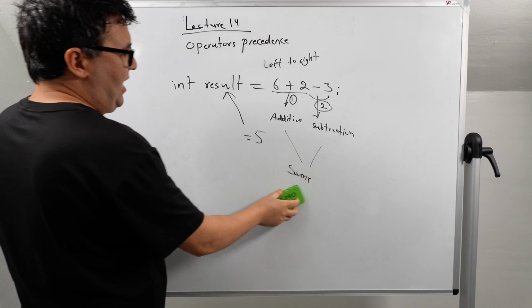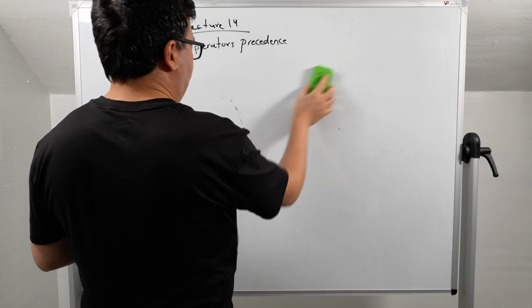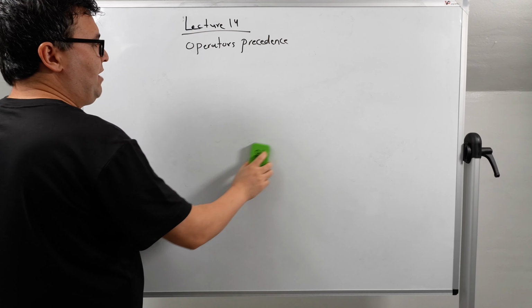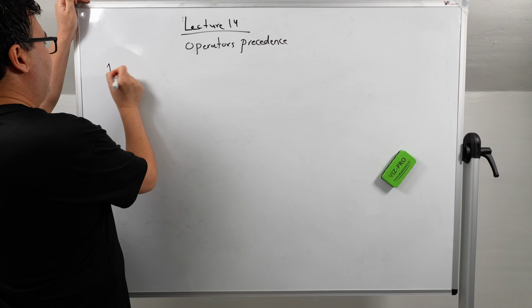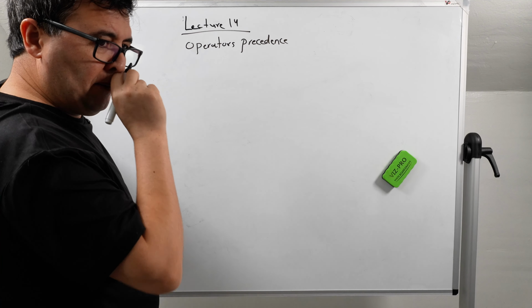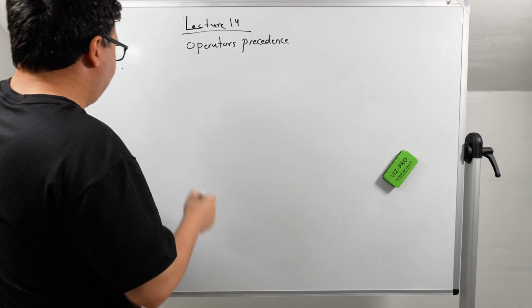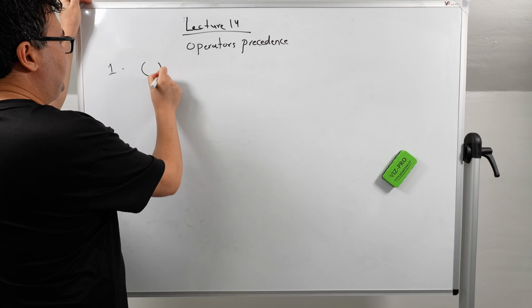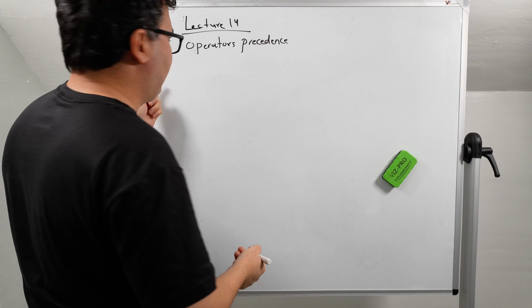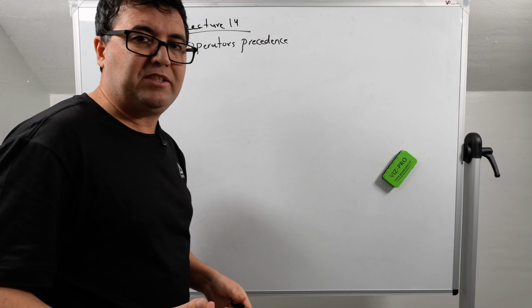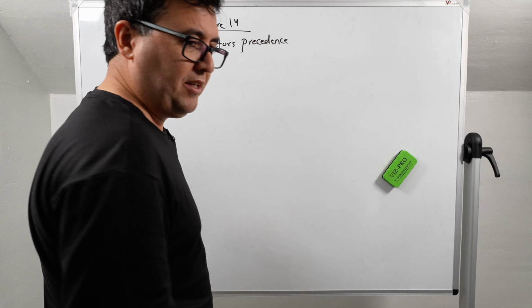Let's see how C++ prioritizes the operators we already studied. When you write an expression, the first priority is parentheses. In any calculation, if you have parentheses, C++ first performs the operation inside the parentheses.